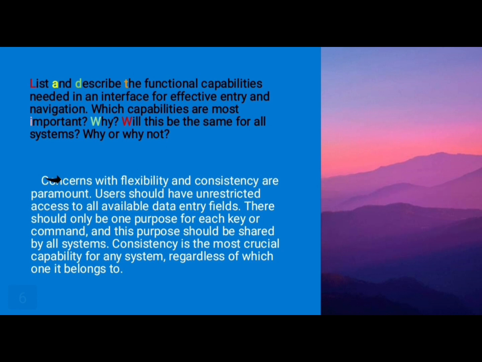Concerns with flexibility and consistency are paramount. Users should have unrestricted access to all available data entry fields. There should only be one purpose for each key or command, and this purpose should be shared by all systems. Consistency is the most crucial capability for any system, regardless of which one it belongs to.